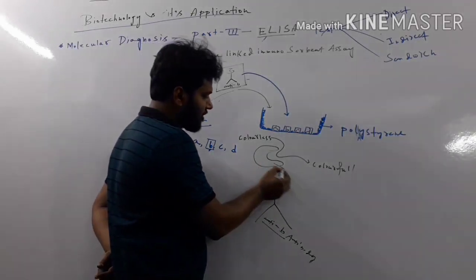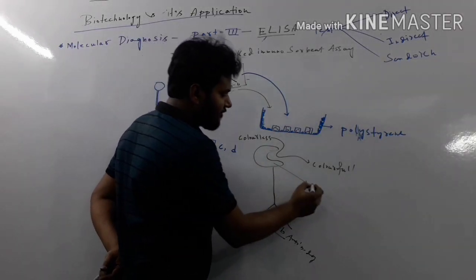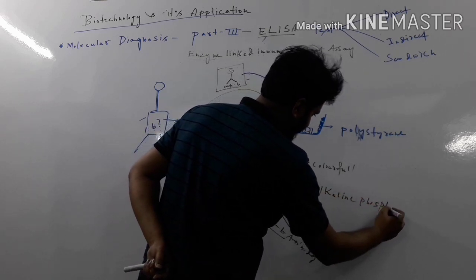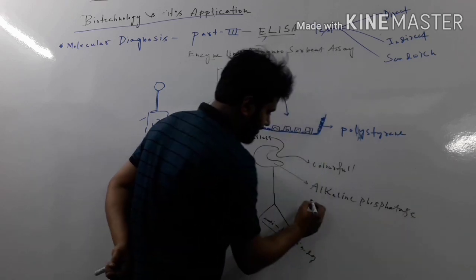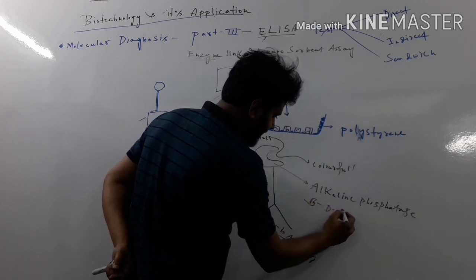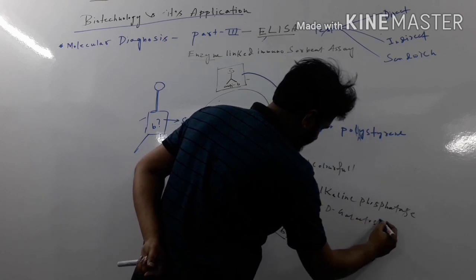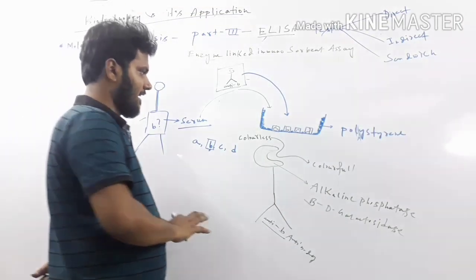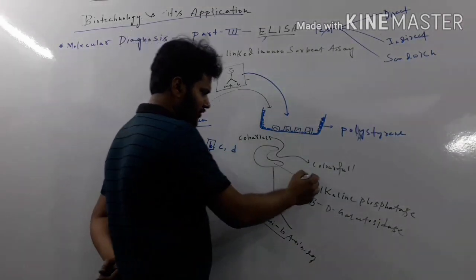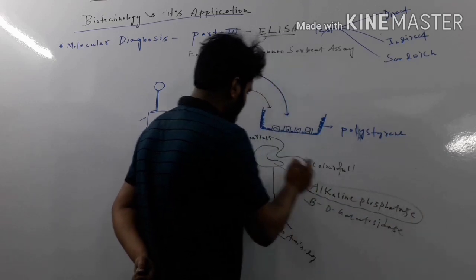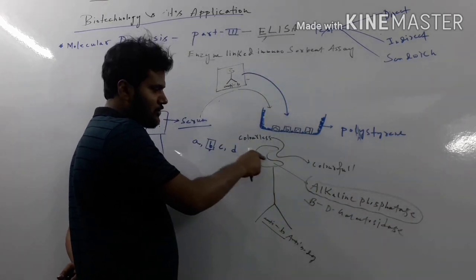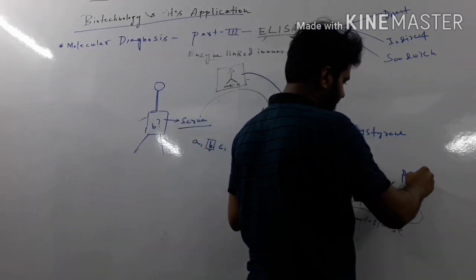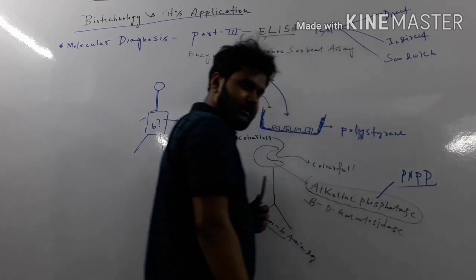The mostly used enzyme in ELISA is alkaline phosphatase, or beta-D-galactosidase. If you use alkaline phosphatase, then a special colorless substrate has to be used too, and the substrate will be PNPP.